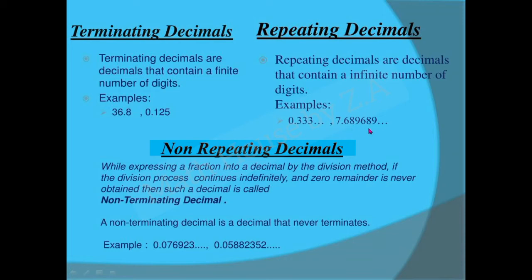In non-repeating, the digits are infinite but they are not a single digit, a pair, or a triplet. They go on endlessly with different numbers, but it never gives you a zero remainder. So that is a non-terminating decimal.